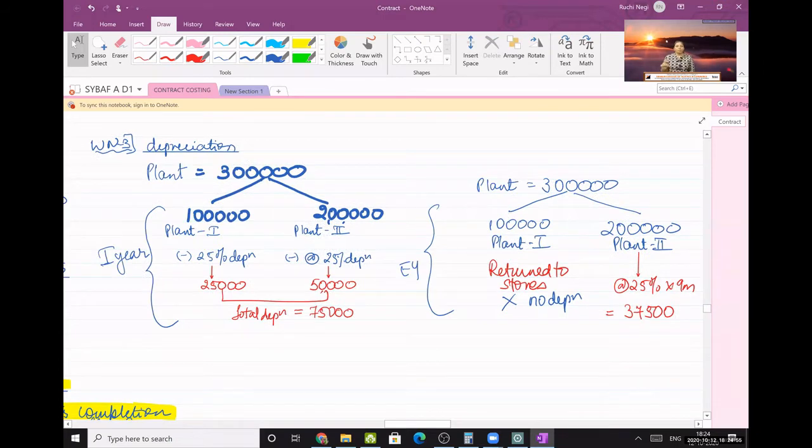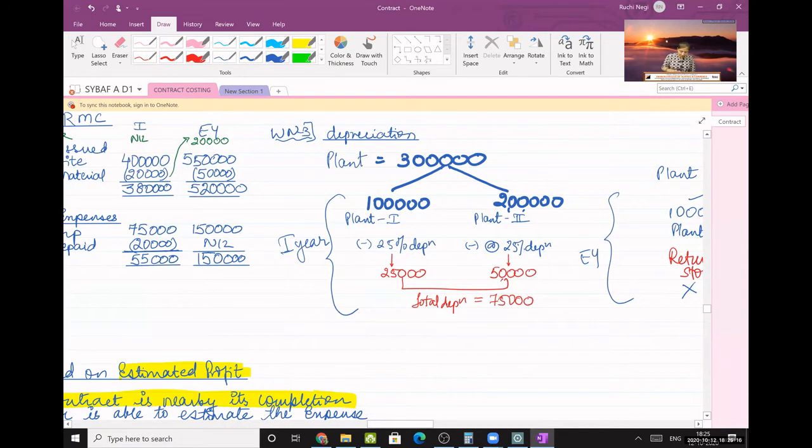Okay, plant purchase was 3 lakhs. And in the question they have said plant returned 1 lakh in the first year. मतलब there are two plants, एक 1 lakh का और एक 2 lakh का. See, I'll show you in the question. They have shown it.